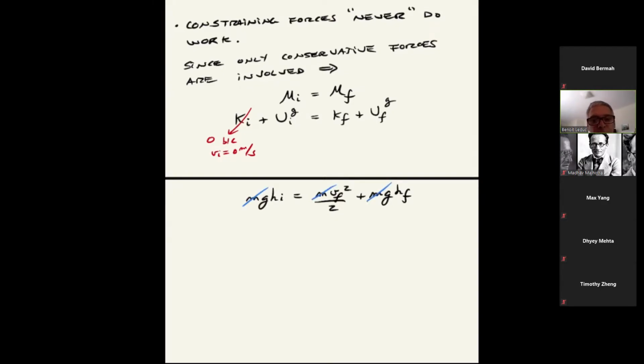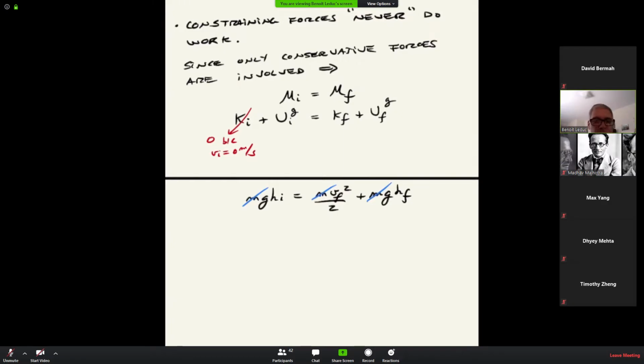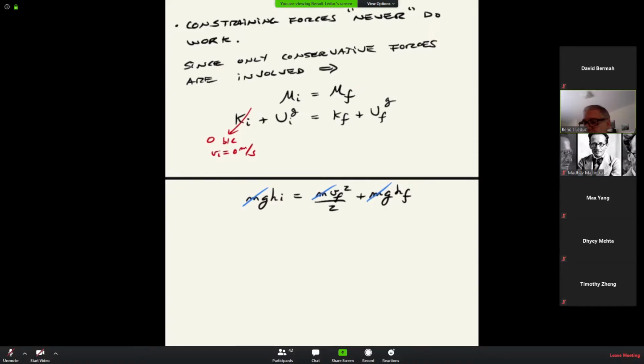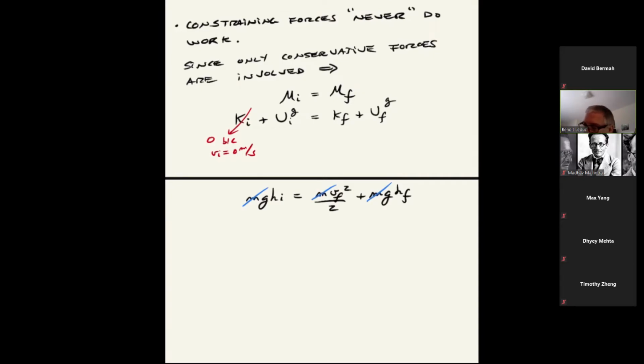It means that no matter what the mass of a coaster is, if we have the same conditions, no friction, and it starts at 50 meters from the ground and ends up at 5 meters from the ground, all those coasters, no matter how many people are on the coaster, will have the same speed at the end of the ride. But this is only true, of course, if there's no friction. If there's friction, that's something else. It may or may not.